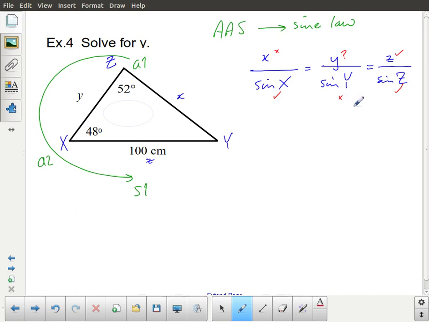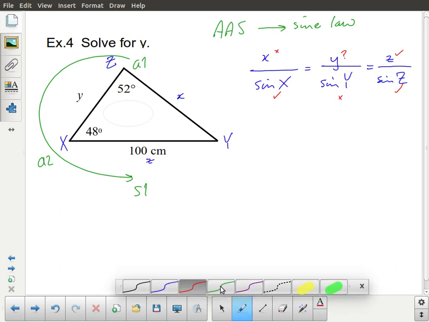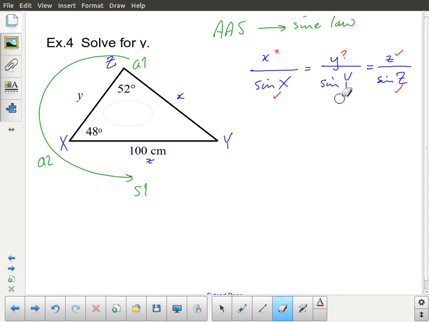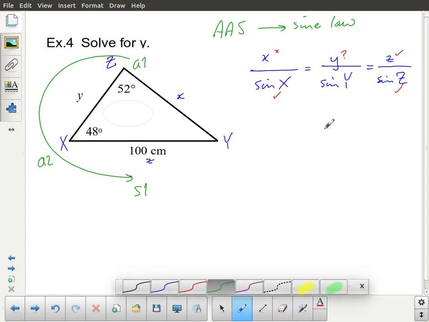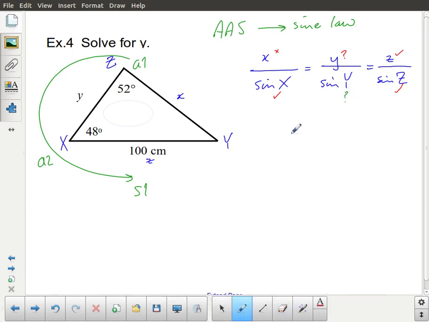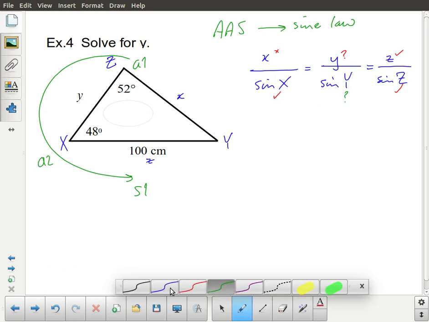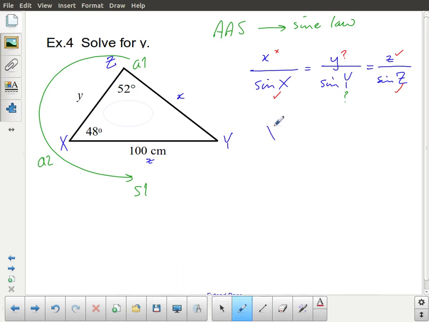have one unknown. But since I really want this side length y, the next most important thing is going to be this angle y. So I'm going to change this from being an x into being something I need to find. But to find the angle y is actually quite easy, because I can just say that x plus y plus z, since they are in a triangle, they have to add up to 180 degrees.